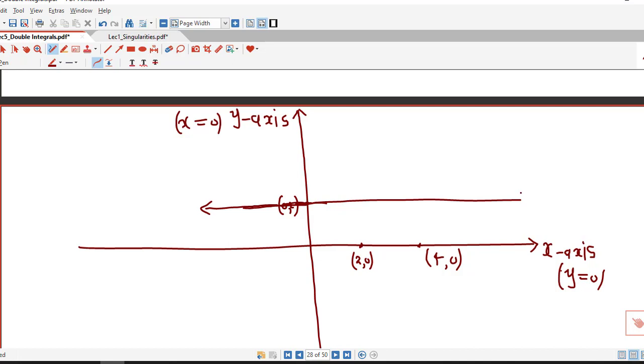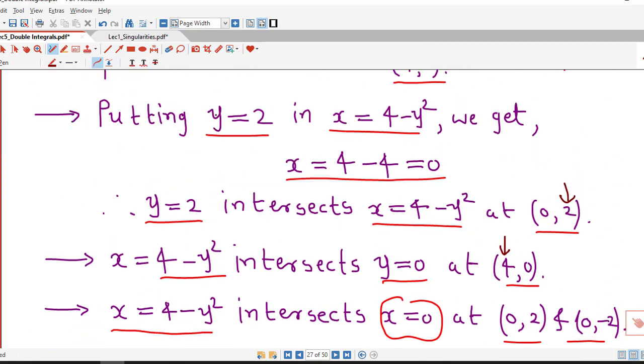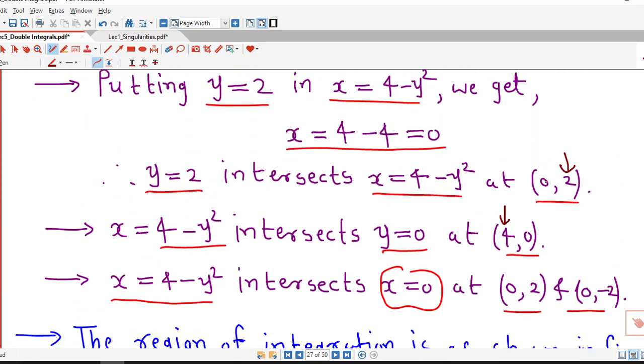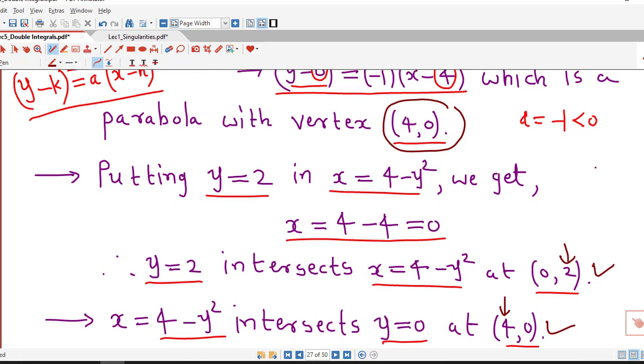So this is the line y equal to 2, y equal to 0 and x equal to 0, and x equal to 4 minus y square is passing through (0, 2) and (4, 0) and it is having vertex at point (4, 0). And because this a is negative, shape will be in this way.